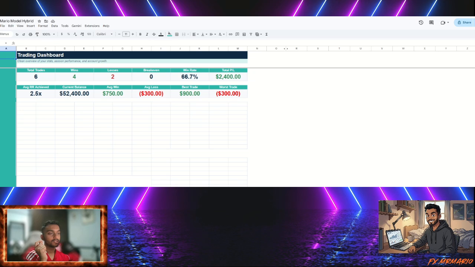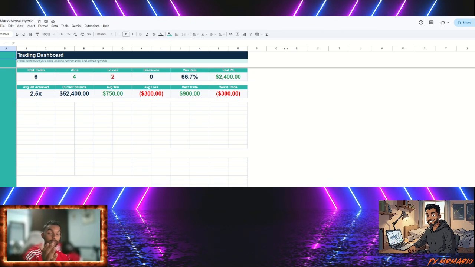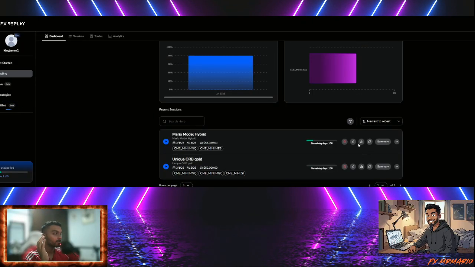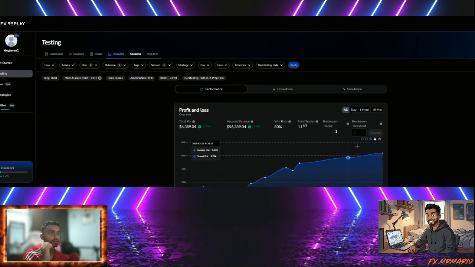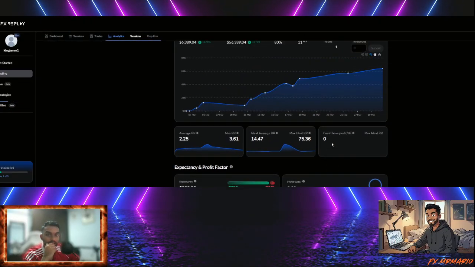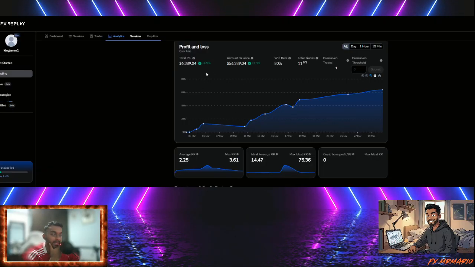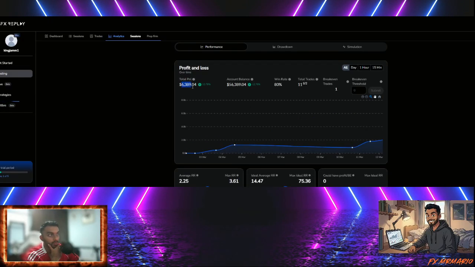Before we go through the trades that we took for this week, I want to show you guys my dashboard. This is the profit and loss factor of one of the backtest sessions that we did, and the total PNL was $6,000.